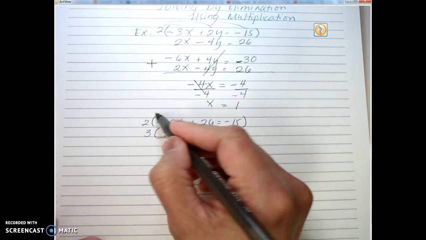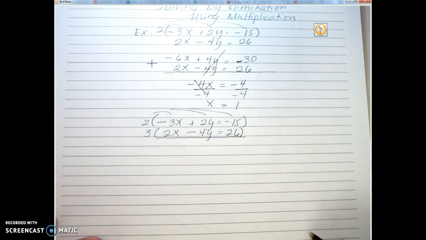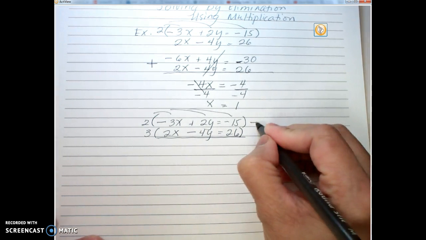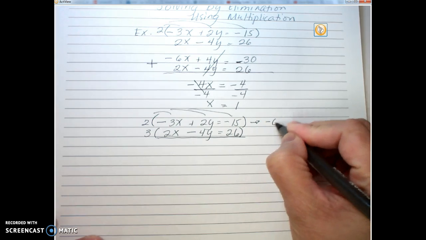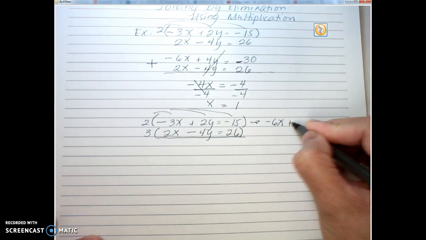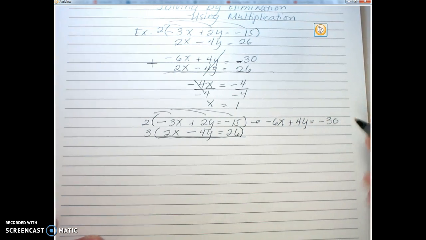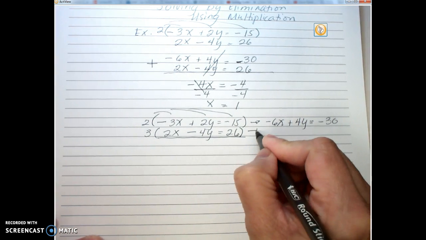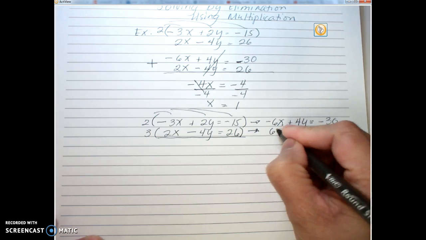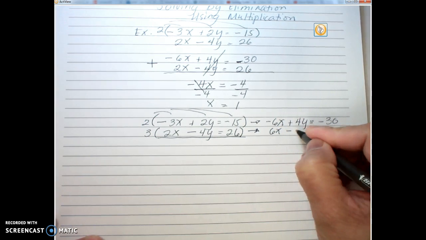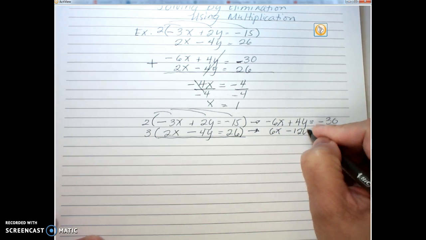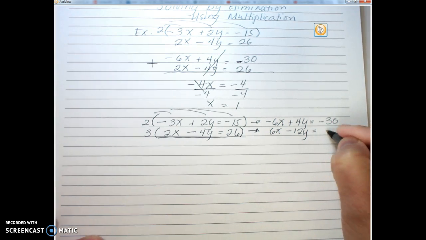So now we distribute, making it become negative 6x plus 4y equals negative 30. And then your second equation turns to 6x minus 12y equals 3 times 26 is 78.